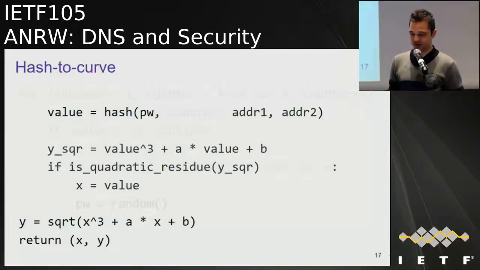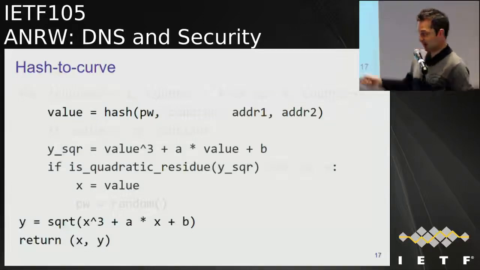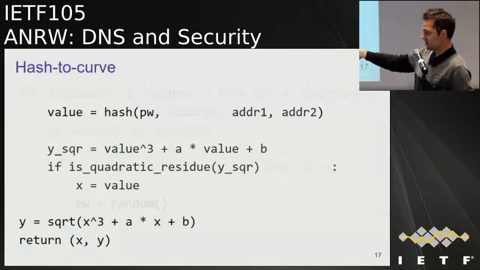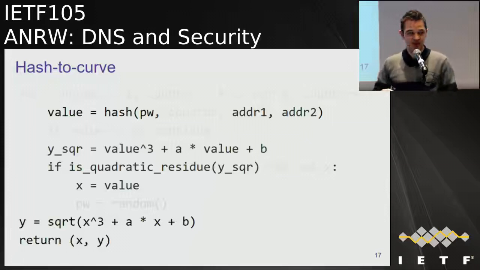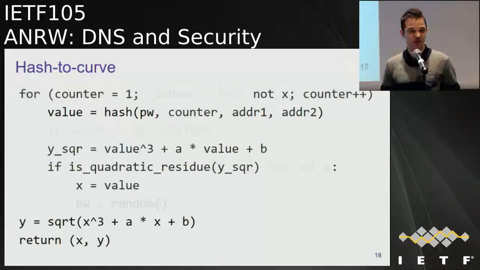Well, the first thing we can do is calculate this value here, which is basically Y squared, and see if it is a so-called quadratic residue. And if this value is a quadratic residue, then we know that a solution for Y exists. To handle the case if there is no solution, we again just perform a loop.